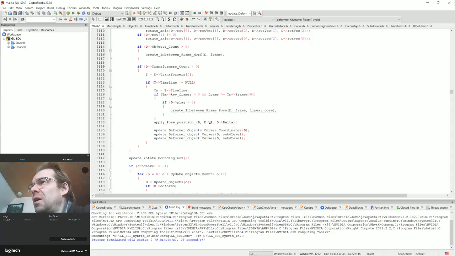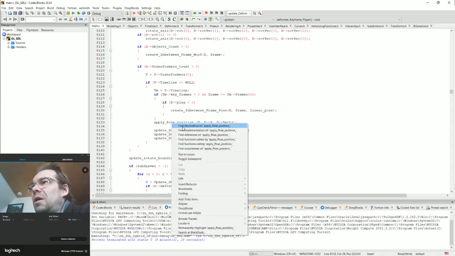Here we see the create in-between frame pose, and this was the function that we observed and changed here lately. And then we use this apply pose position, and this is a unified function right now for every keyframe visualization purpose. And we can observe what is happening inside this function.